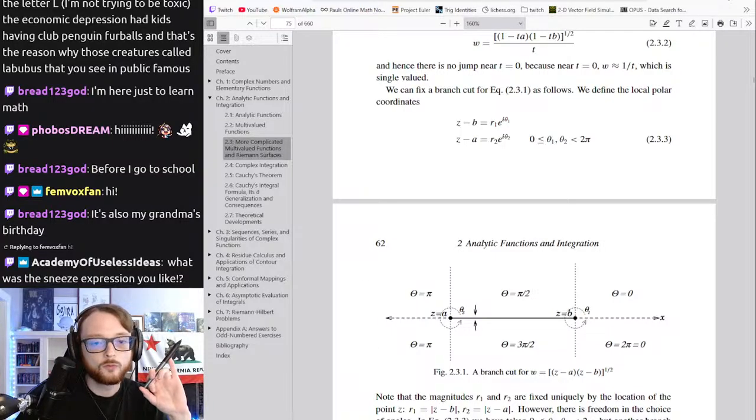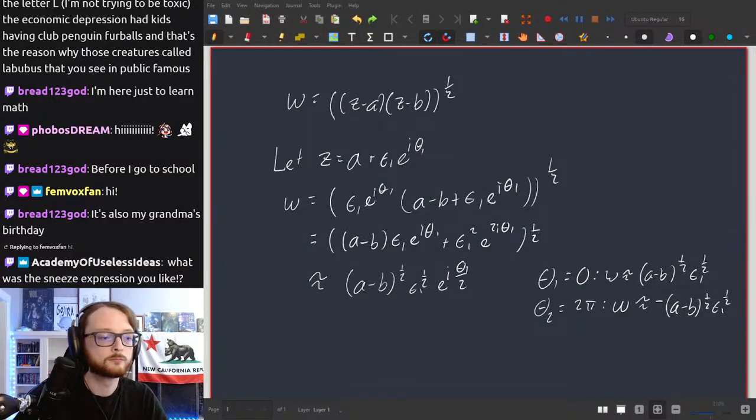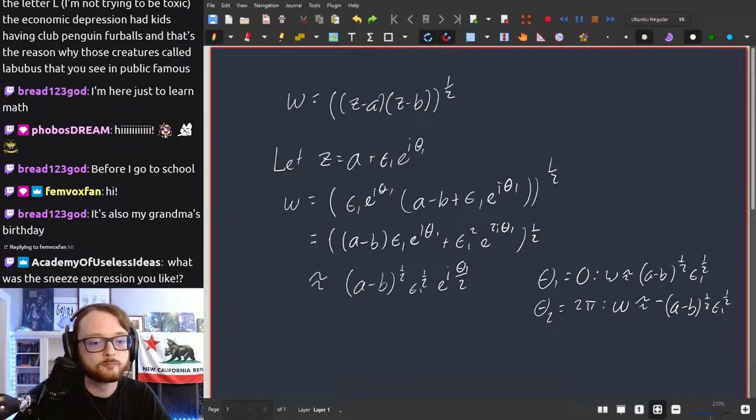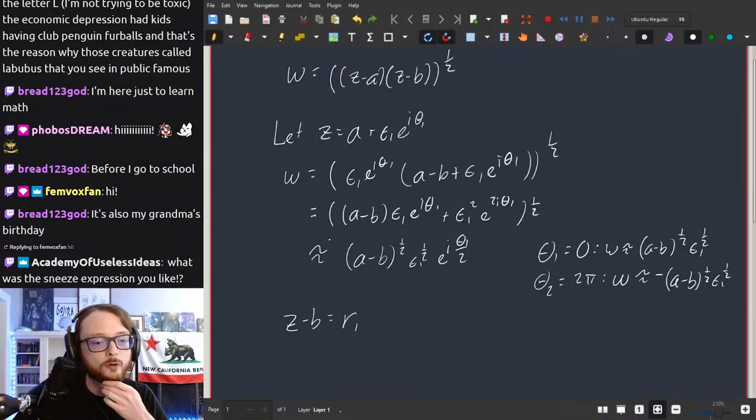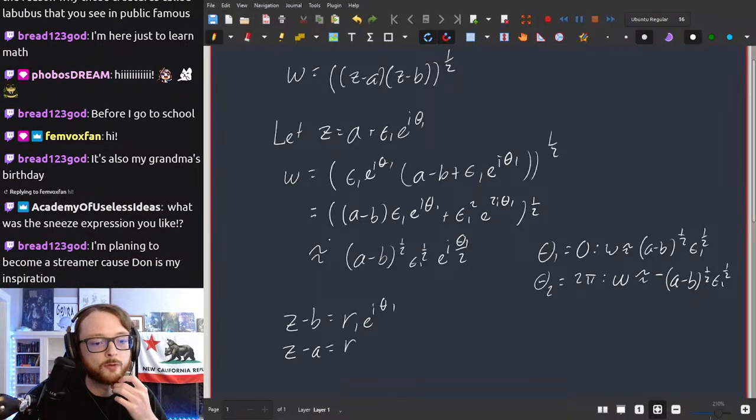So z minus b is equal to r1 e to the i theta 1. z minus a is equal to r2 e to the i theta 2.